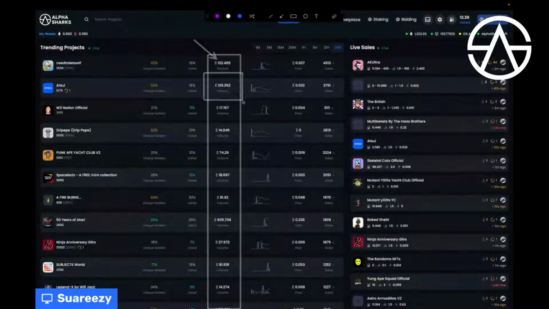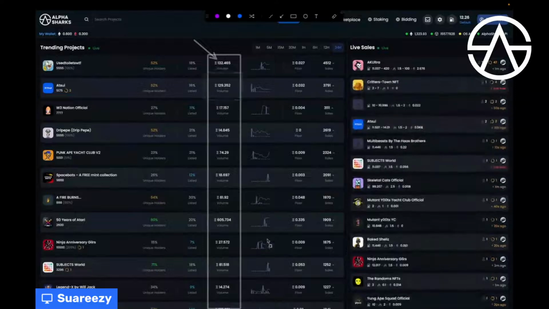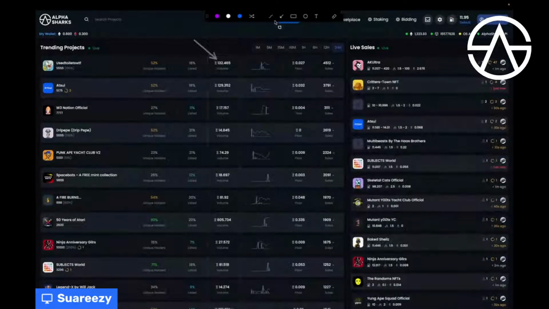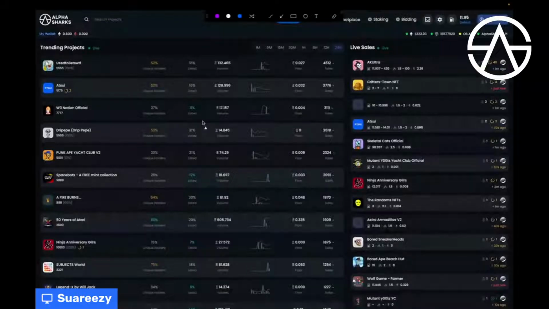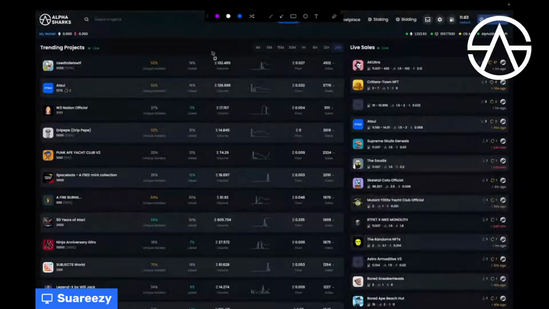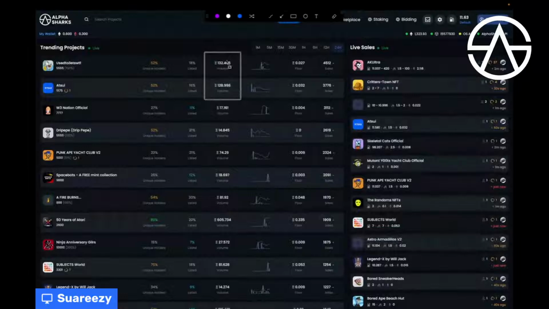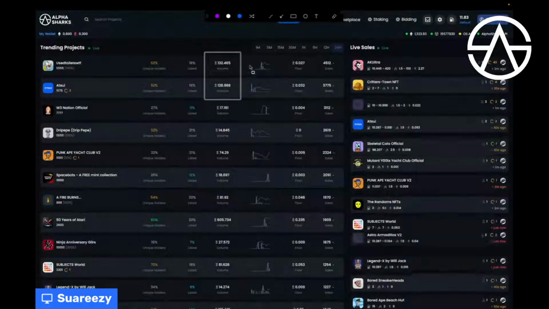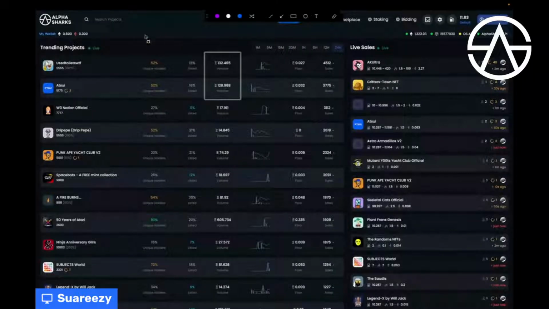This is going to be huge because it tells us the true demand for the day. Is triple-digit ETH normal for the day? Is double-digit ETH normal for the day? We really have to figure that out because we want to know if we are in a zone where there's major demand or not. Let's break down the first two. We have triple-digit ETH volume, 132 ETH and 128 ETH traded on both of these projects.